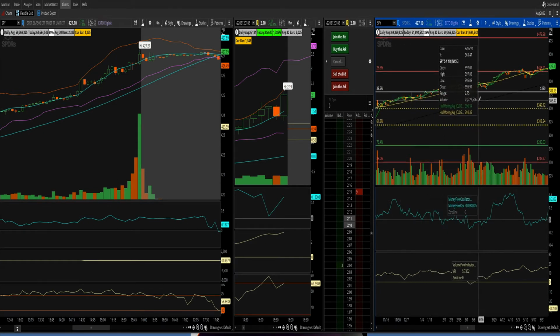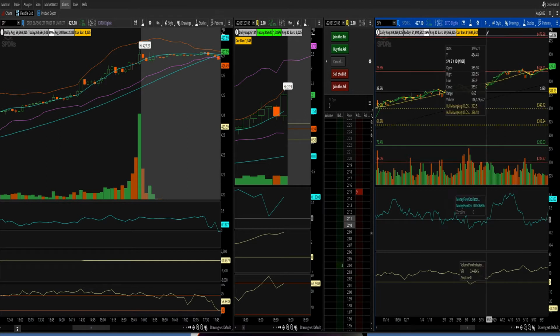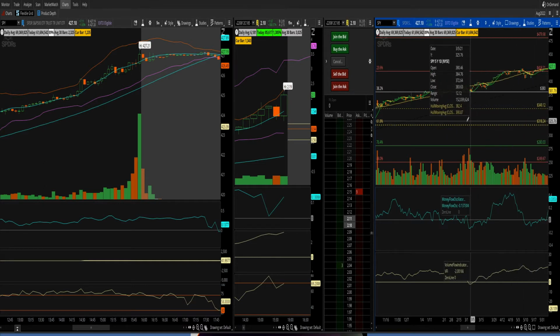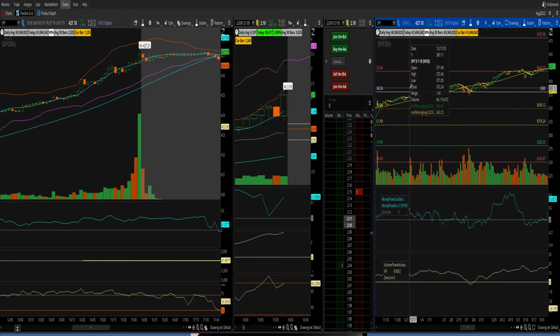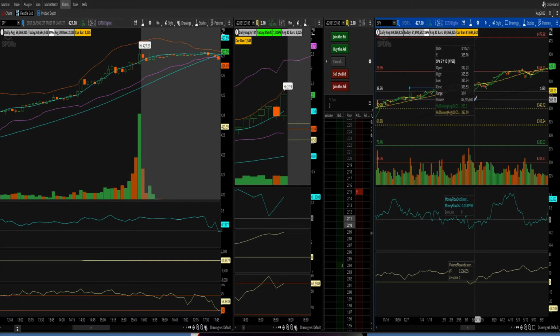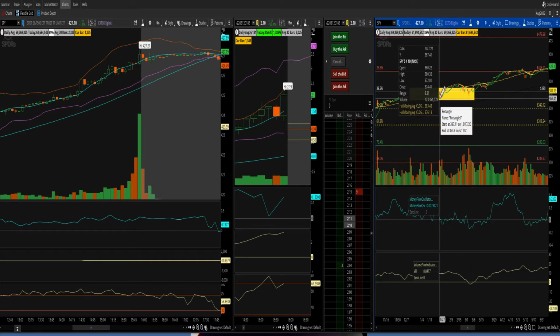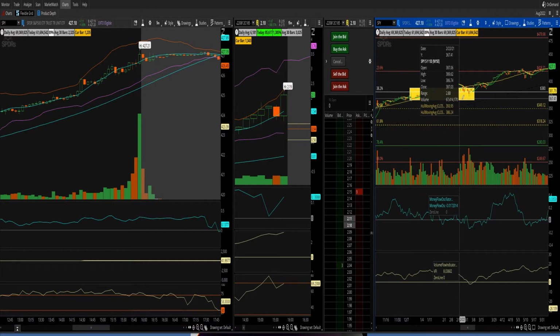So let me draw out here a volatility box. So that zone right there was from December the 17th, 20 up to March the 11th, bounced in that zone. So we can mark that out. That's our volatility box.